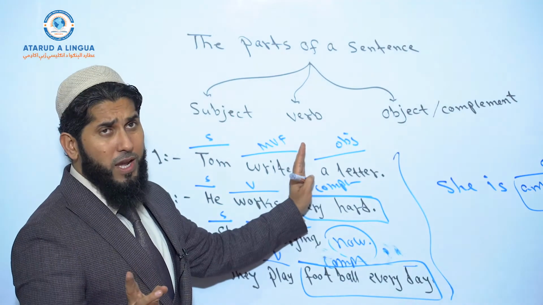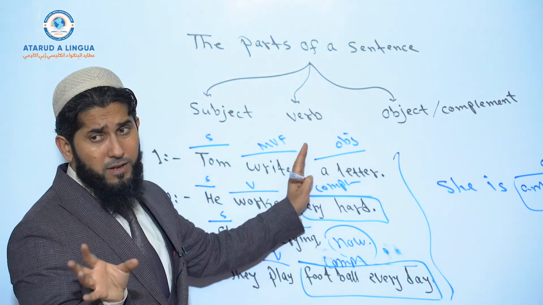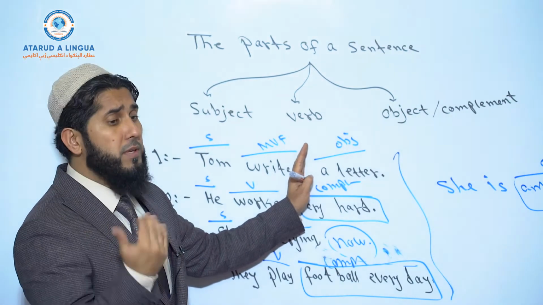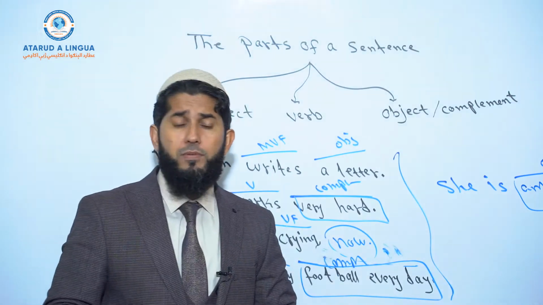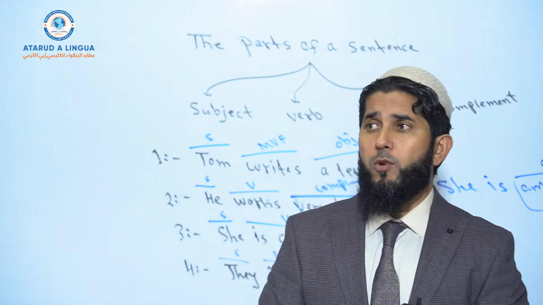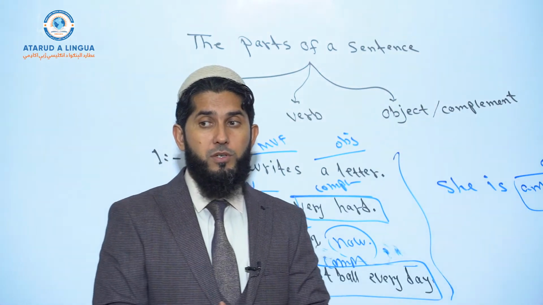And if you say Tom writes, still, it gives a sort of meaning, but it does not give a complete meaning. Why? Because the verb is transitive. Or for example, if you say I drink every day. So I drink what? I must mention something.